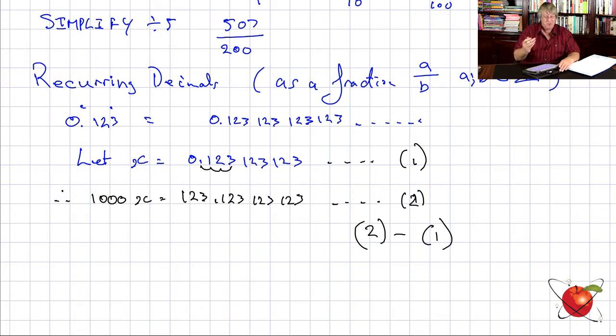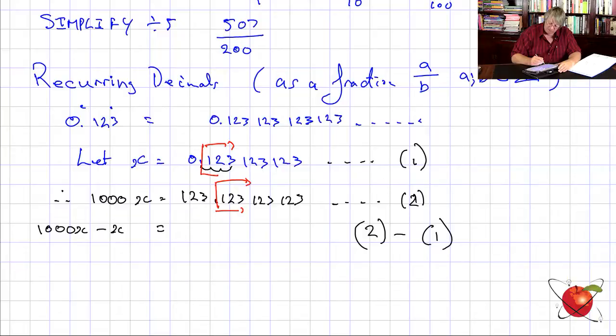Right? We subtract them. Well, what is 1000x minus x? What is this? 123.123123123 minus 0.123123123. Can you see? Look at this. The whole back piece is identical.